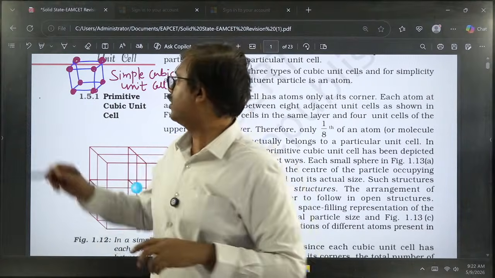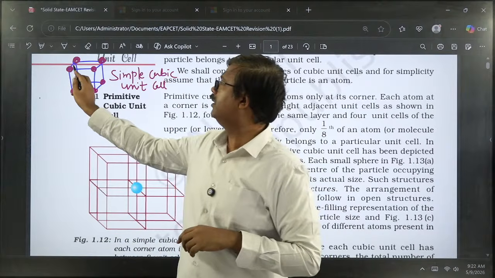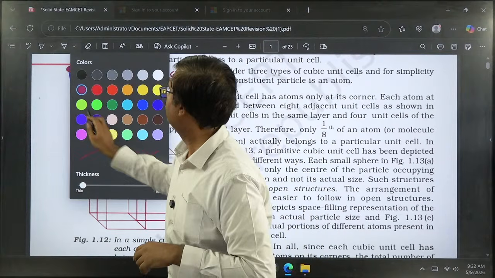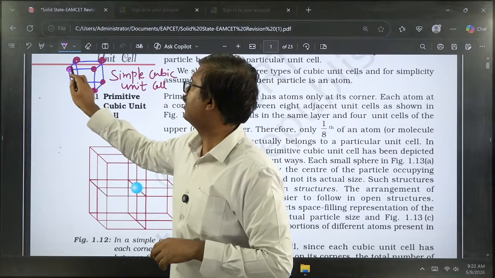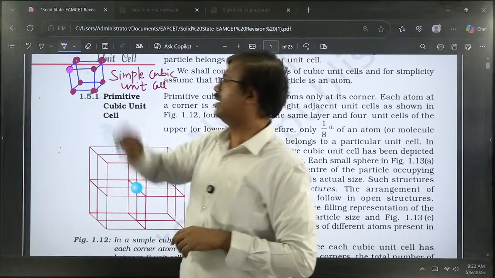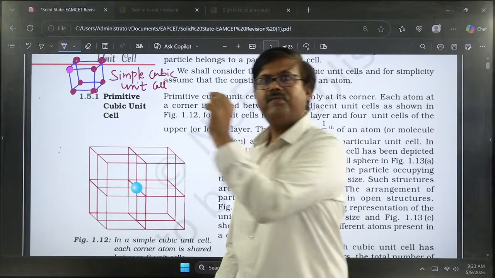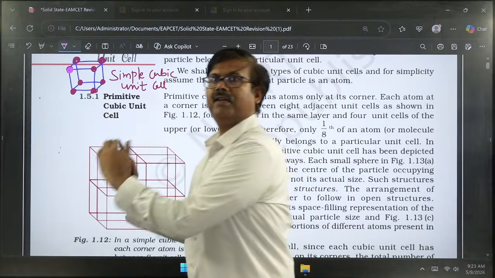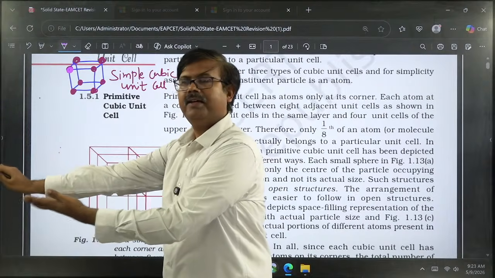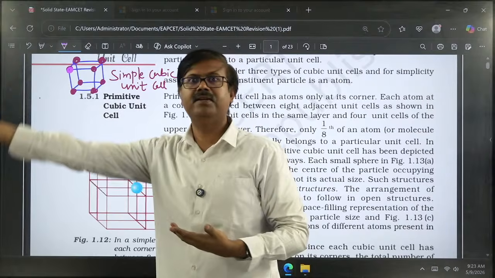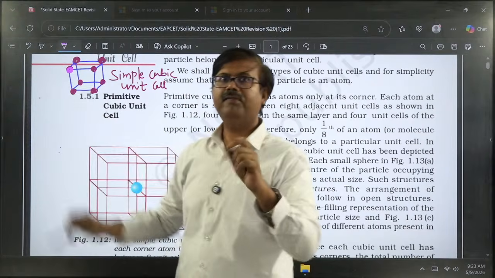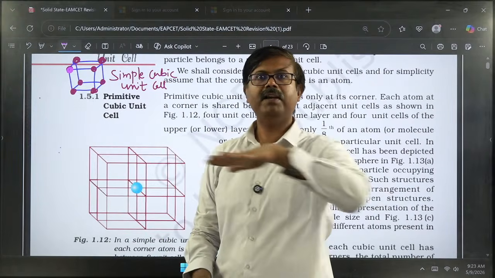Suppose this is the corner atom. Focus on that. Now it is not present only for this unit cell. This is also a corner for the other unit cell, and also there is a unit cell in front of this, and again adjacent to that. So this is the corner for the 4 same-level cubes.